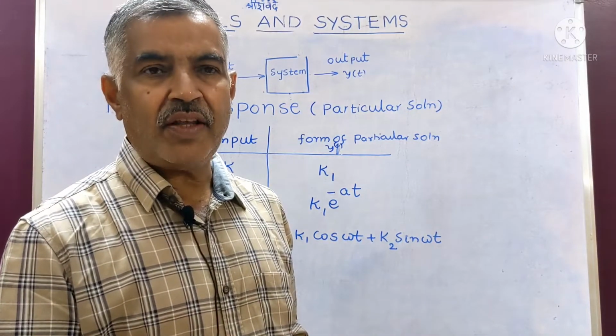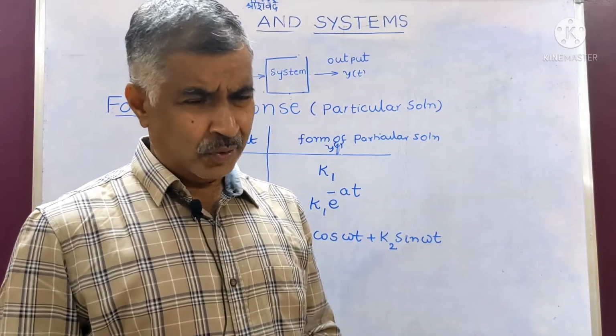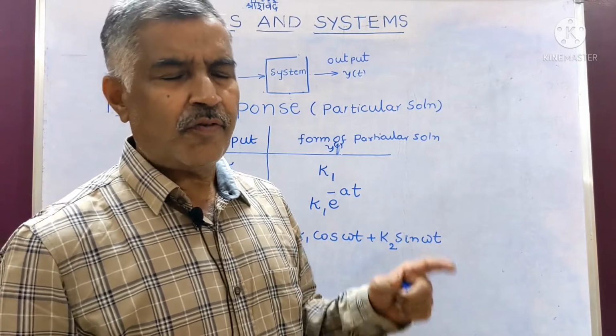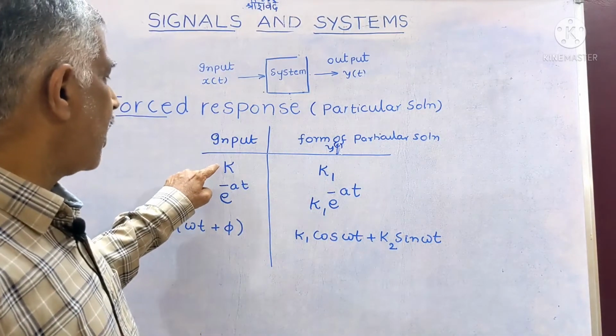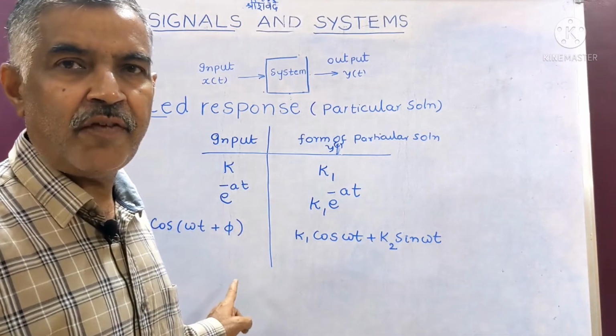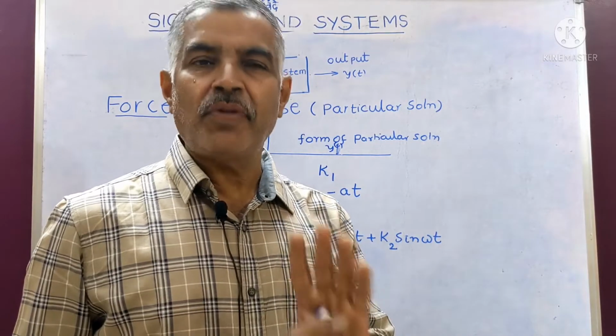I am mainly referring to Signals and Systems by Simon Haykin. I think it is more than sufficient for you to remember 3 inputs: one for a constant or step function, one for an exponential function, and one for a cosine function. So I am concentrating only on 3 types of input.